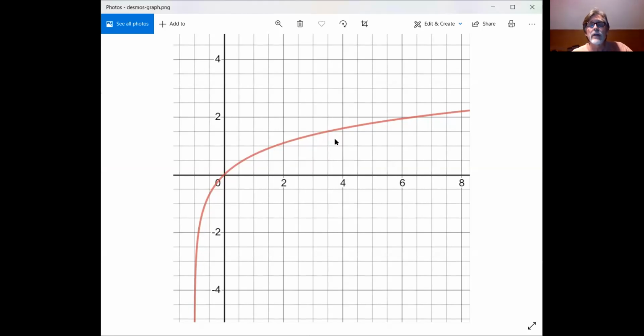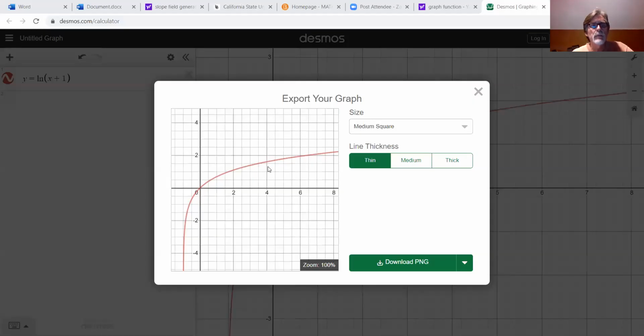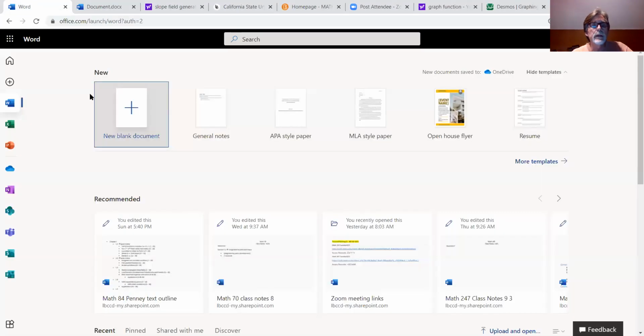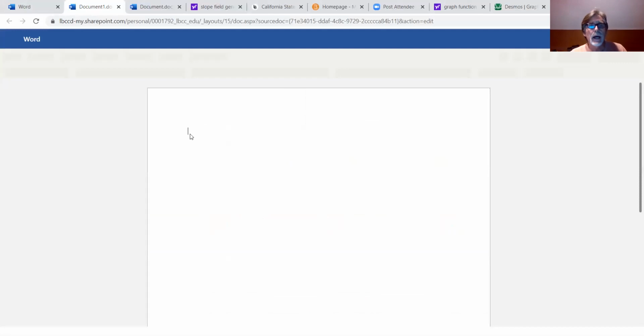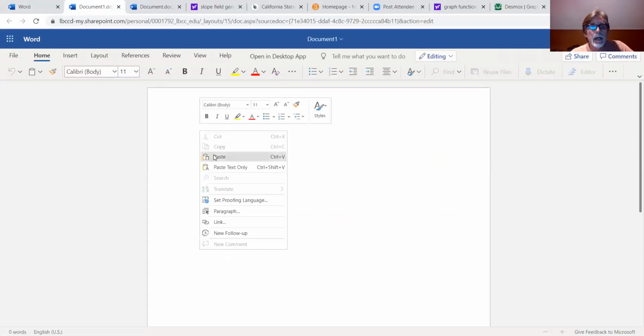Now I'm going to stop share and go to a different share. Here, okay? Let's say I'm working on a Word file. I go here, and I want a new blank document, and I right-click, and I paste.